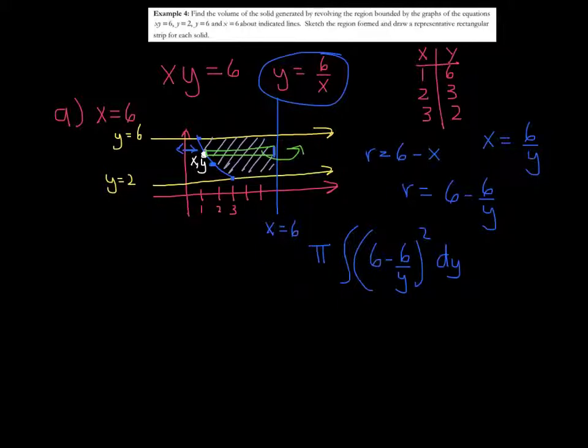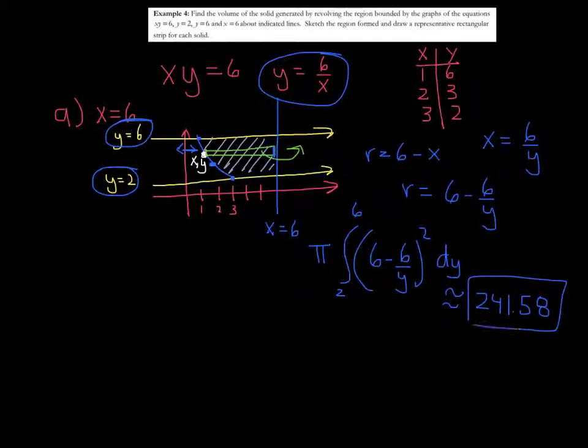Everything is in terms of y, so we are integrating from y equals 2 to y equals 6. Those are our lower and upper limits. If you plug that into your calculator, you will get 241.58. And that is the volume of this particular shape wrapped around the line x equals 6.